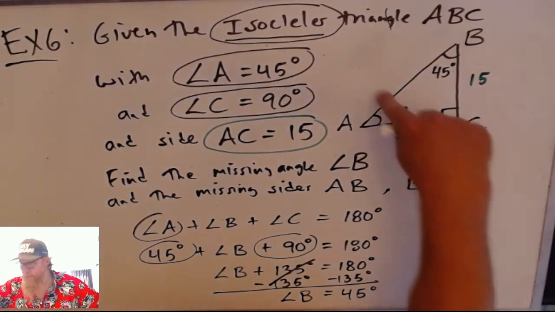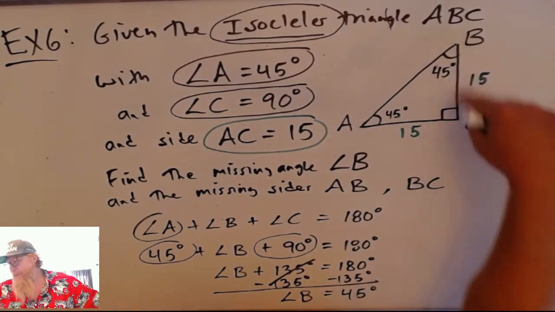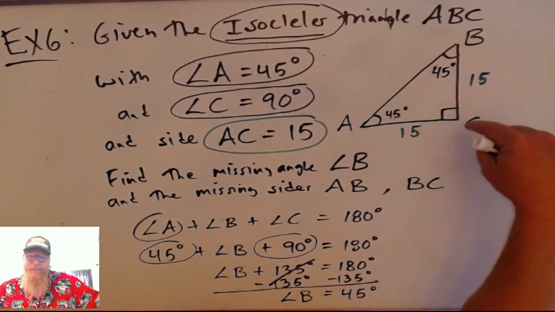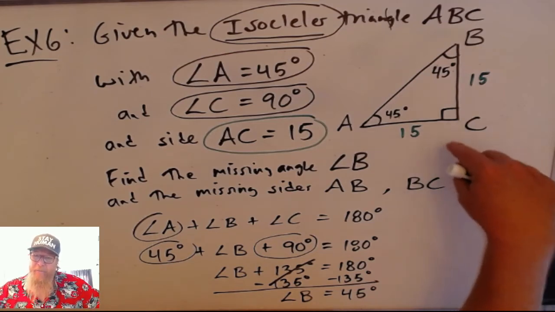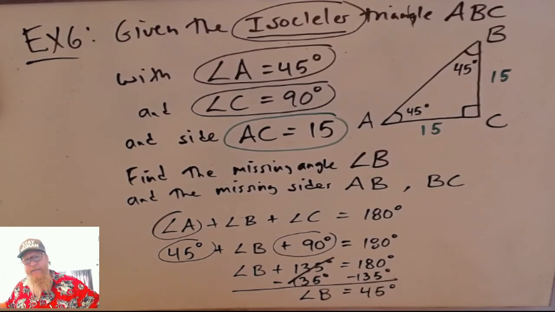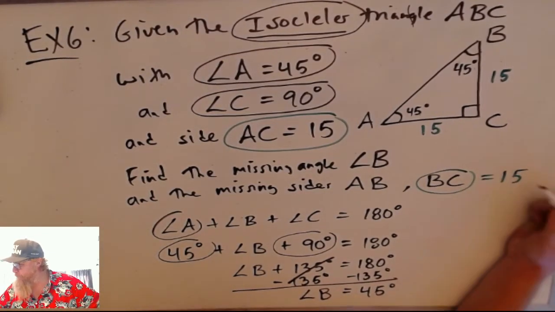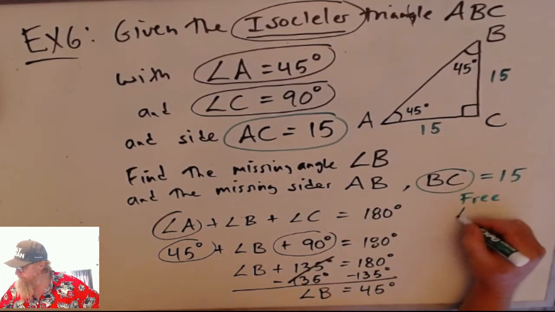Right. Not these two, because look, clearly the hypotenuse is longer than 15. And again, if my picture were to scale, it's actually to scale from my perspective, but my camera is at an angle, so you can't see that. All right. So I automatically know that BC is equal to 15. That's basically a free answer.